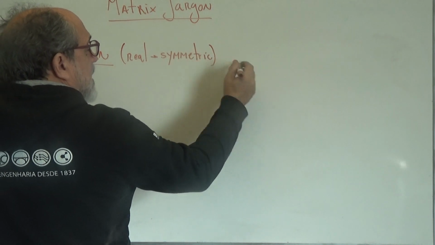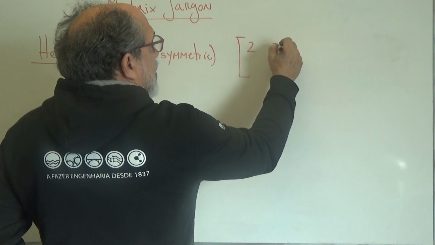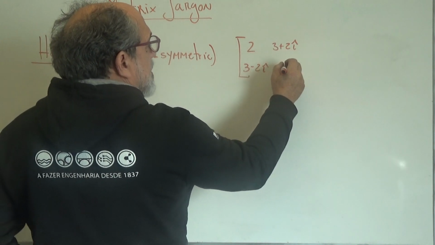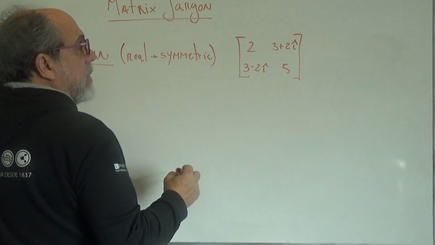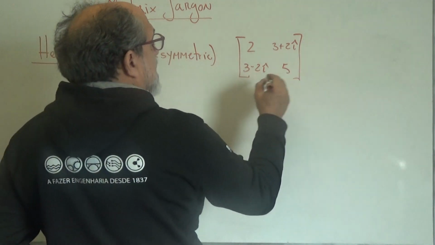But if it's complex, say the matrix is 2, 3 plus 2i, 3 minus 2i, 5, the complex conjugate transpose is the same as itself.